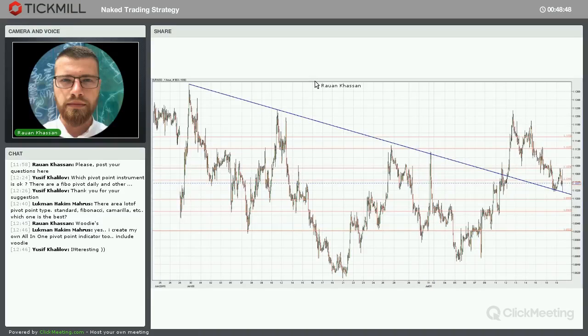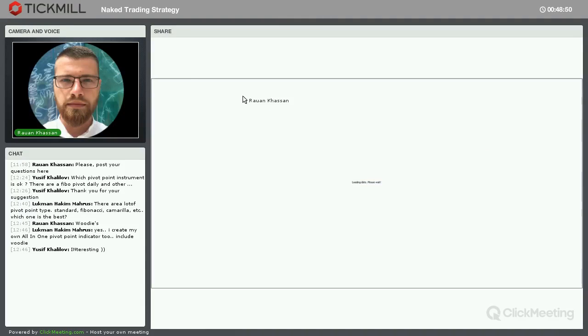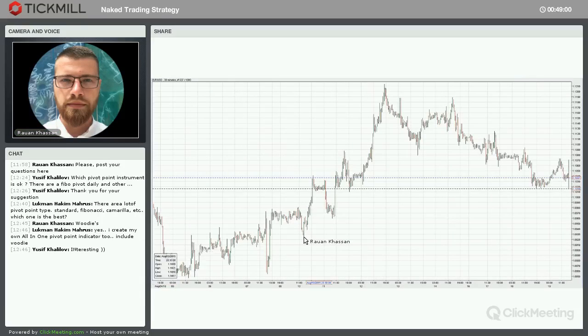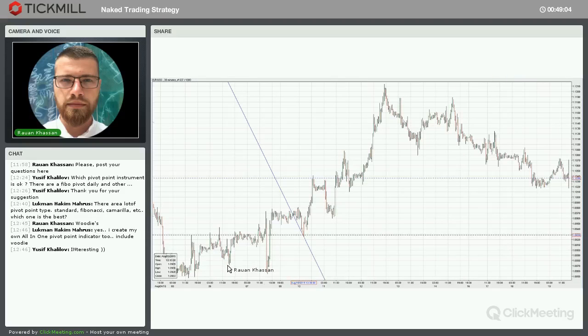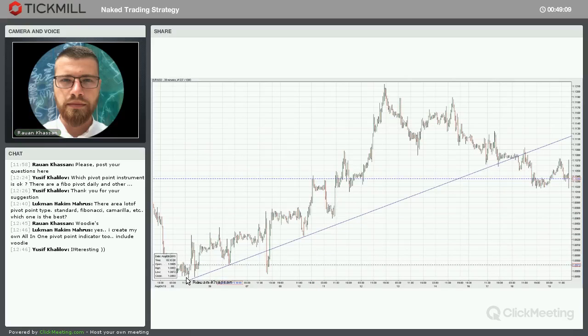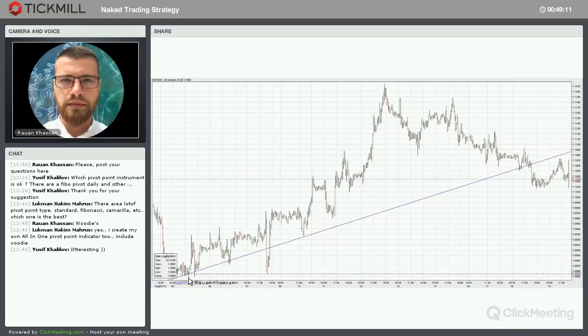Finally, let's move to the intraday chart. Probably it's too low. I guess this time frame would be nice. So it's a 30 minutes time frame. And let's connect the lower bands of the recent upside move, like this.